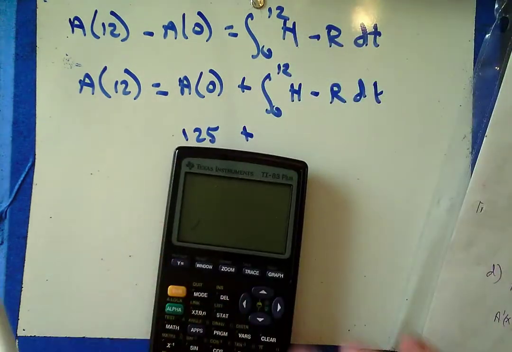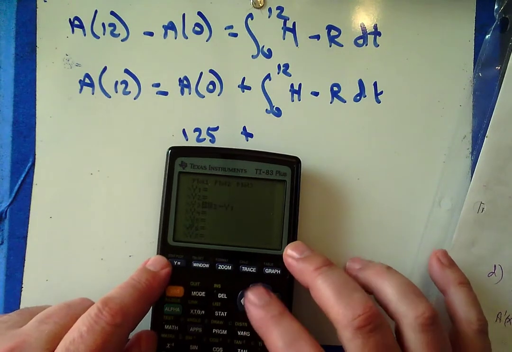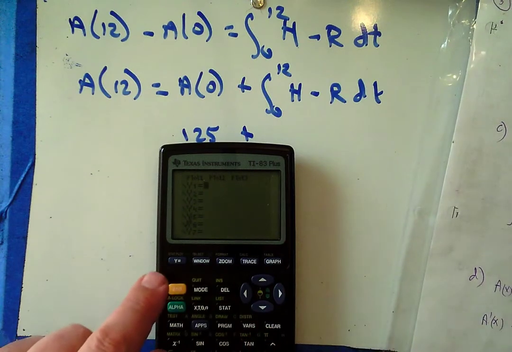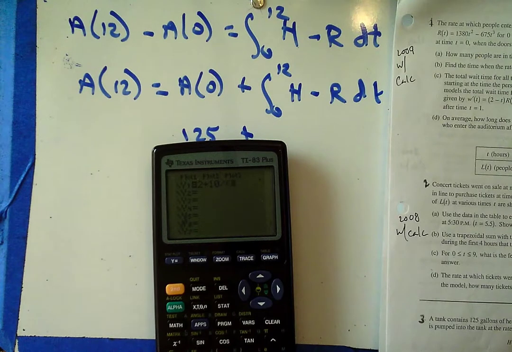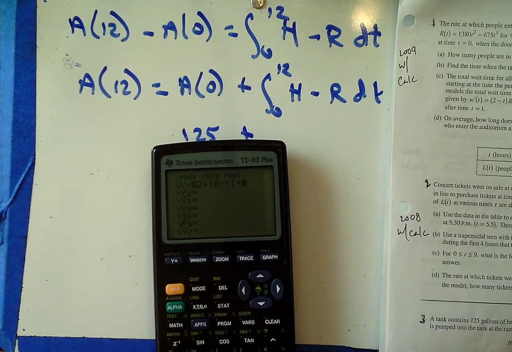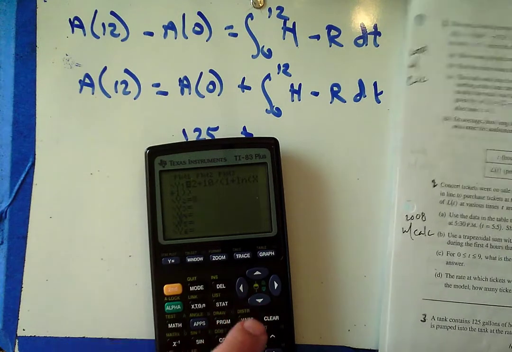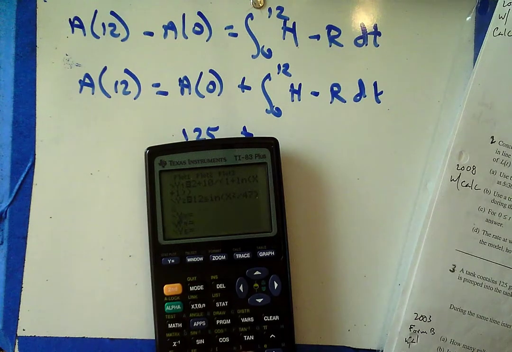Generally what I like doing in problems like this is typing h into y1, so 2 plus 10 divided by 1 plus ln of x plus 1, close parentheses, and then here I'll type in r as 12 sine of x squared divided by 47.